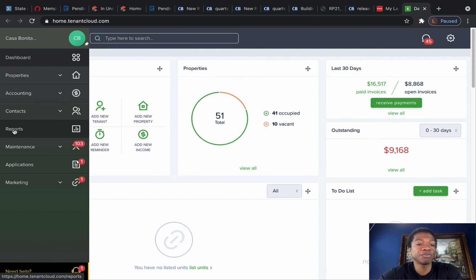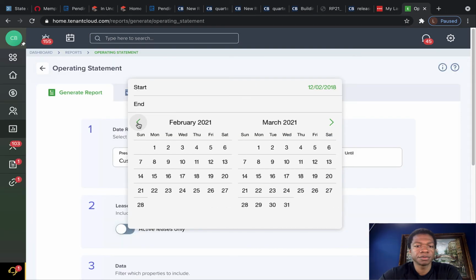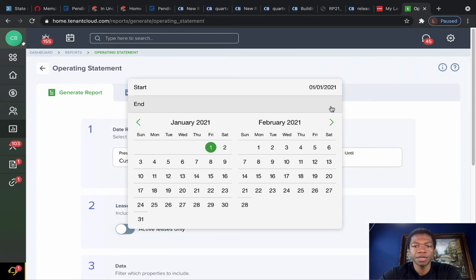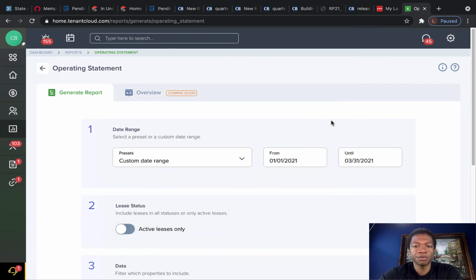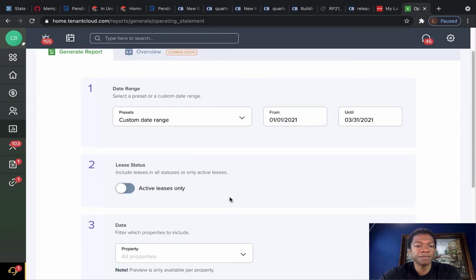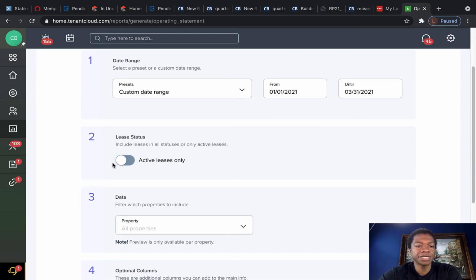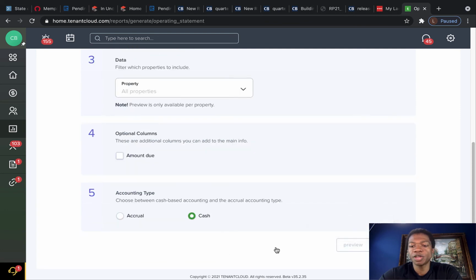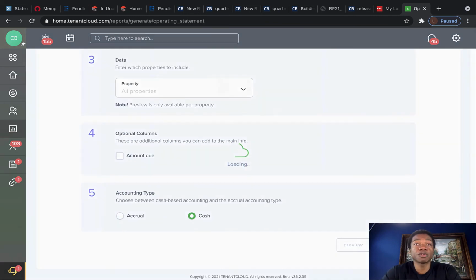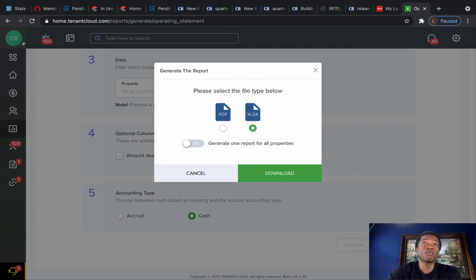So if we go to reports, January of 2021, and it's going to be March 31st. So we want to do first quarter of 2021, and we want to leave active leases off. We want to do all properties, and we want to do cash. And so what we're going to do is take a look at the first quarter of 2021, compare that to the fourth quarter of 2020, and then also to the first quarter of 2020, and see how that looks.